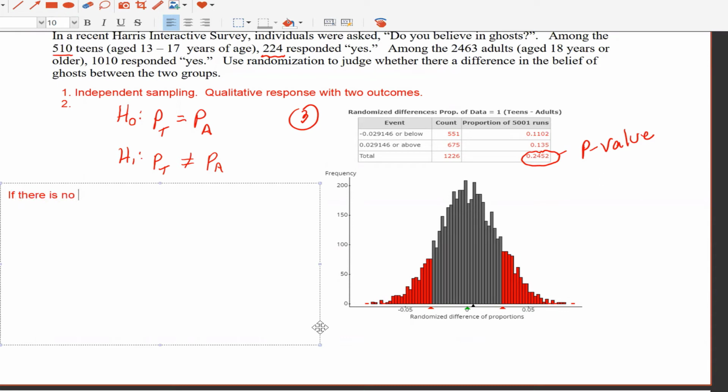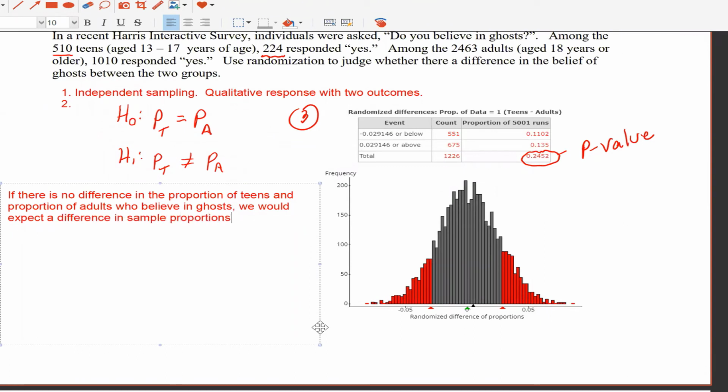If there is no difference in the proportion of teens and proportion of adults who believe in ghosts, we would expect a difference in sample proportions as extreme or more extreme than that observed in about 25 of every 100 repetitions of this study.